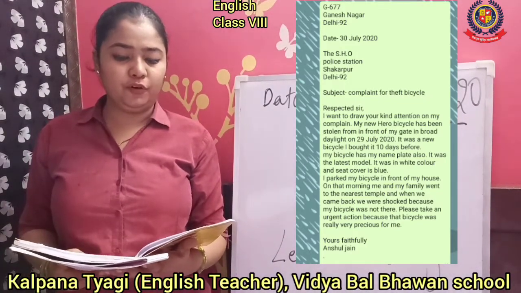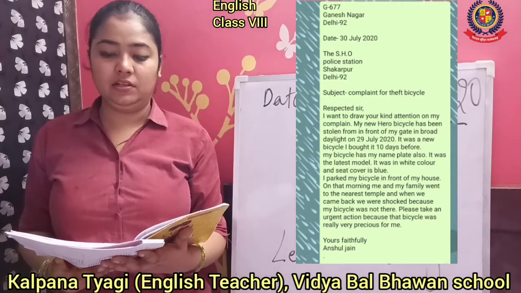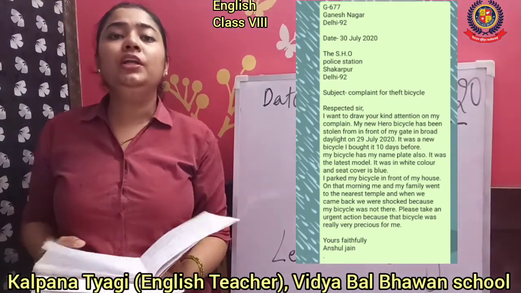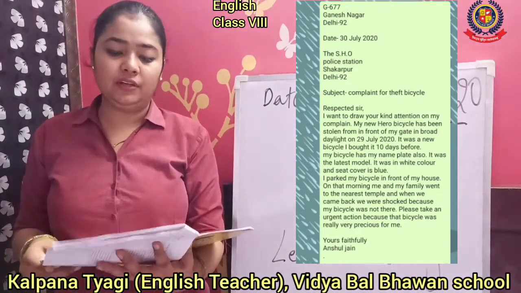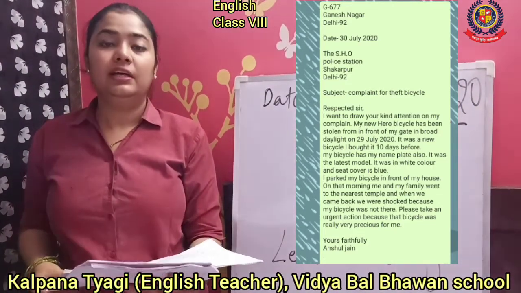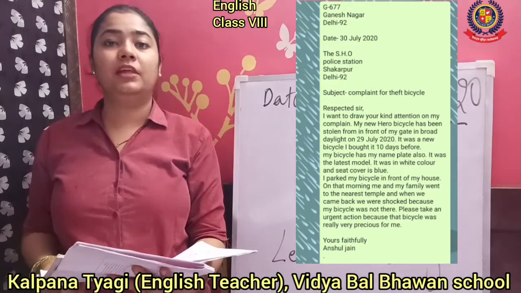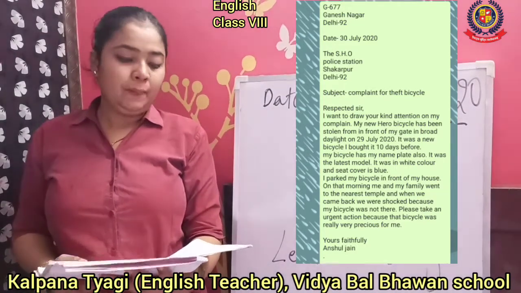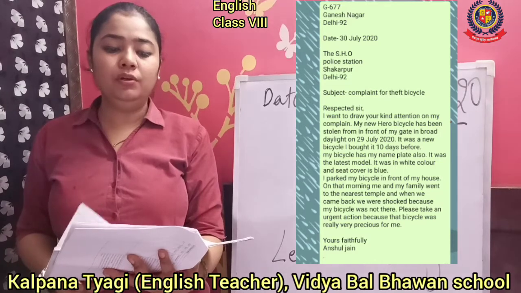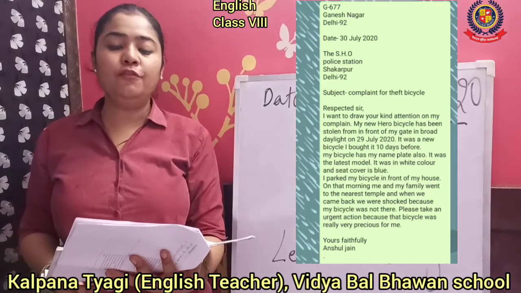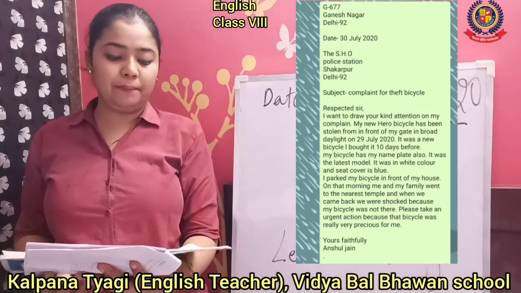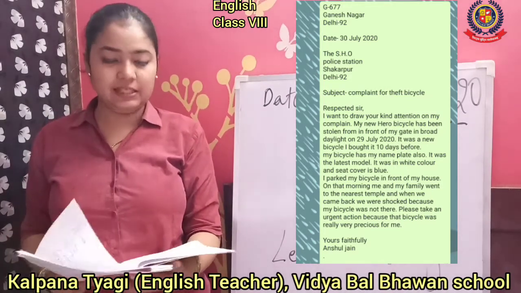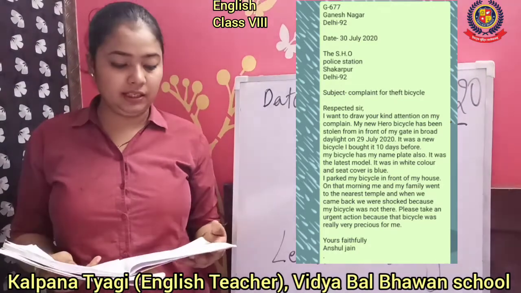Subject: complaint for theft of bicycle. Students, you can use this letter for the theft of anything, like a car or motorcycle, but we have to write about the theft of a bicycle. So the subject is complaint for the theft of bicycle. Again, leave a line.